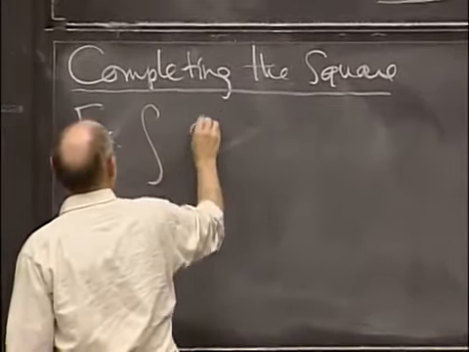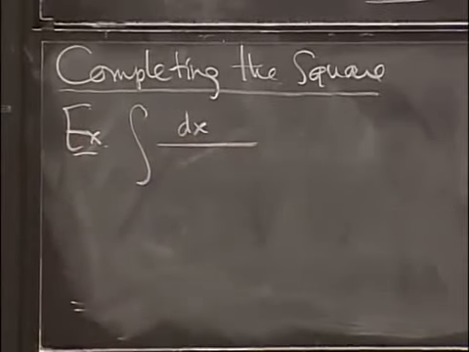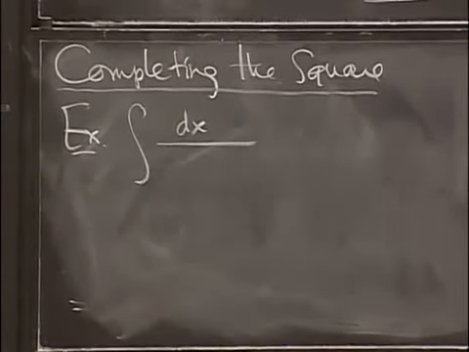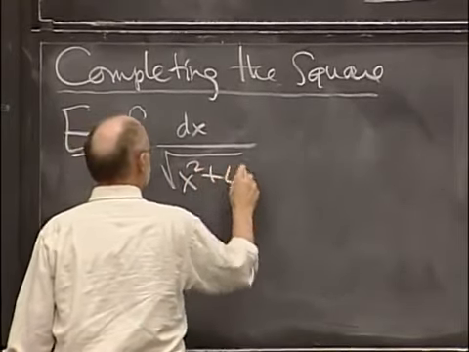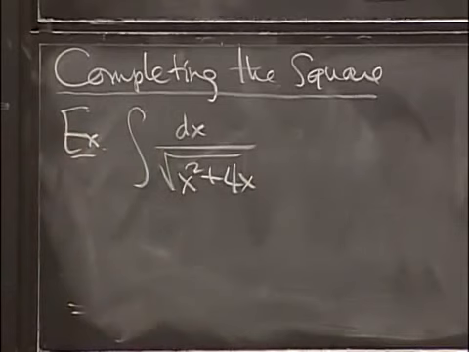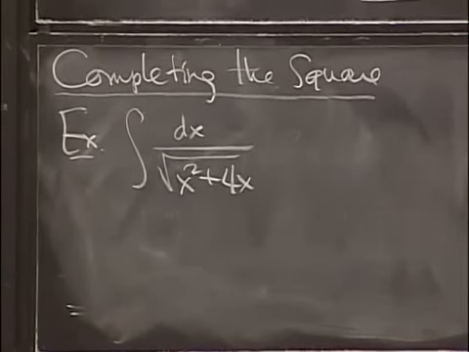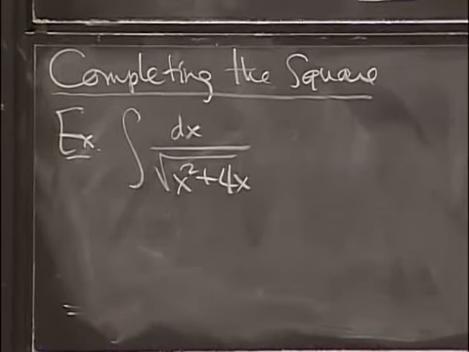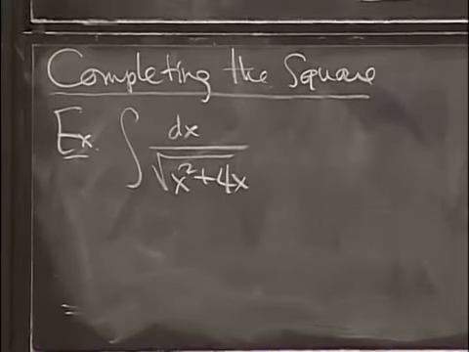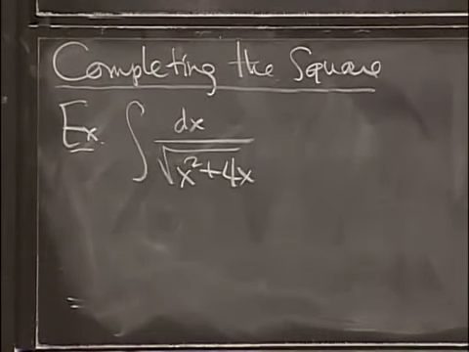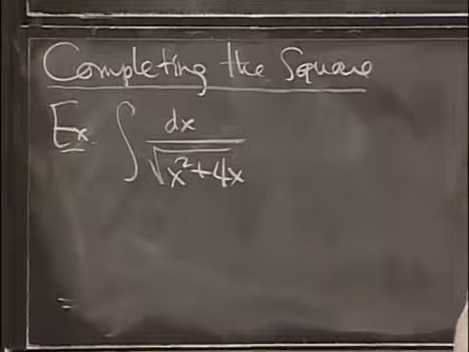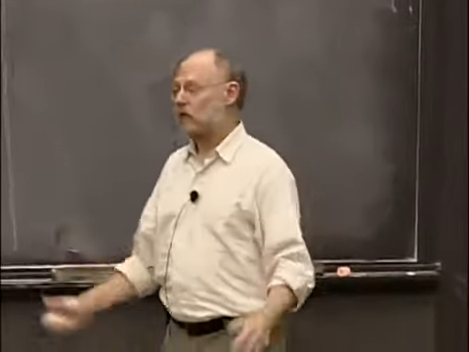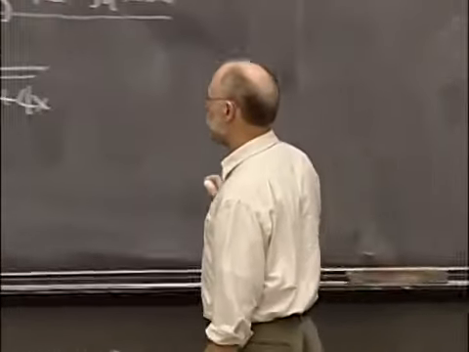Let's try to integrate dx over x squared plus 4x, the square root of x squared plus 4x. So there's a square root of something, some quadratic. It's very much like this business, but it isn't of any of these forms. And so what I want to do is show you how to rewrite it in one of those forms using substitution. Again, all this is about substitution.